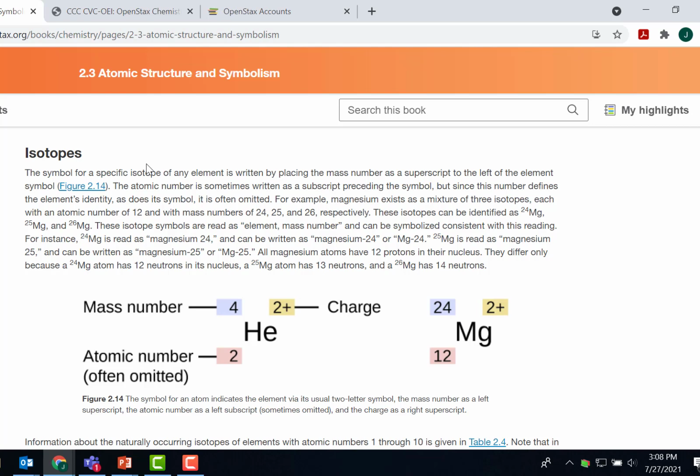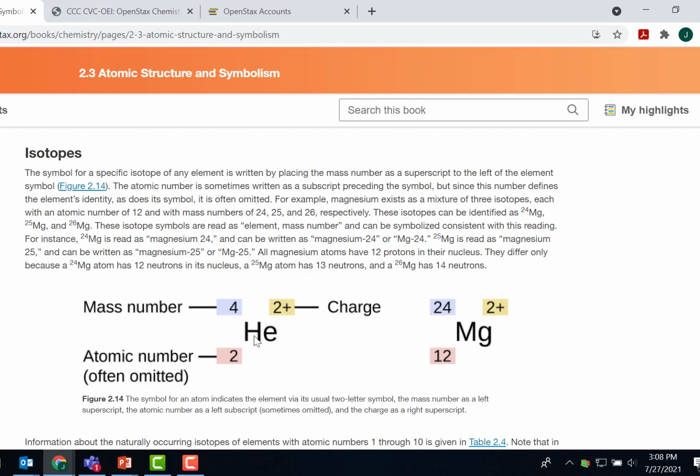And what can be different? We've already talked about ions, where you could have different numbers of electrons. You could also have different numbers of neutrons. Now, the number of protons has to be the same because that is defined by the atomic number, but the other two can change.